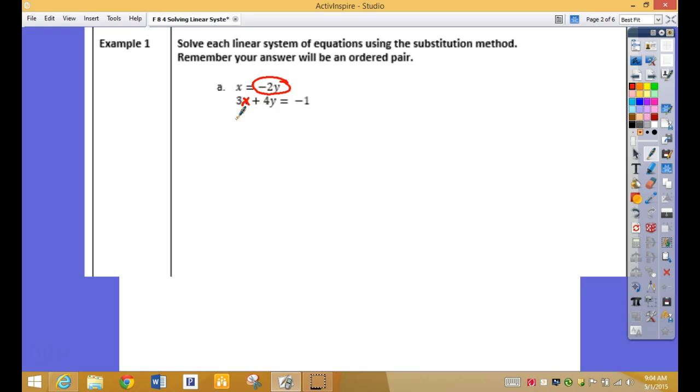They were just adding it wherever. So we're going to put that in for our x. So when you rewrite it, we don't just go 3, 2y like that. That means 3 times, so our parentheses, 3 times a negative 2y plus 4y equals a negative 1.